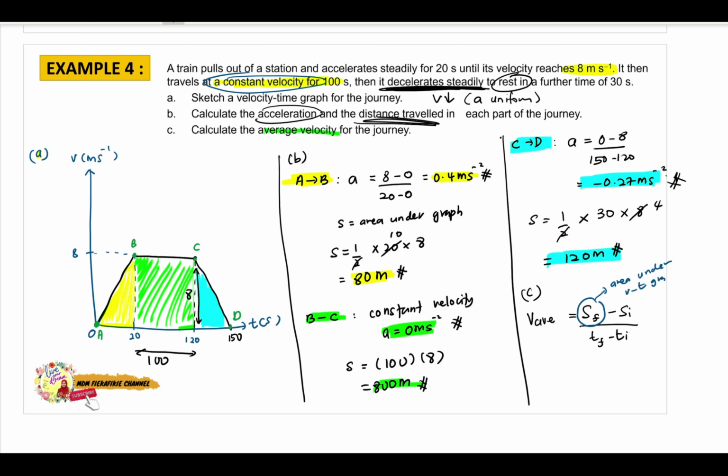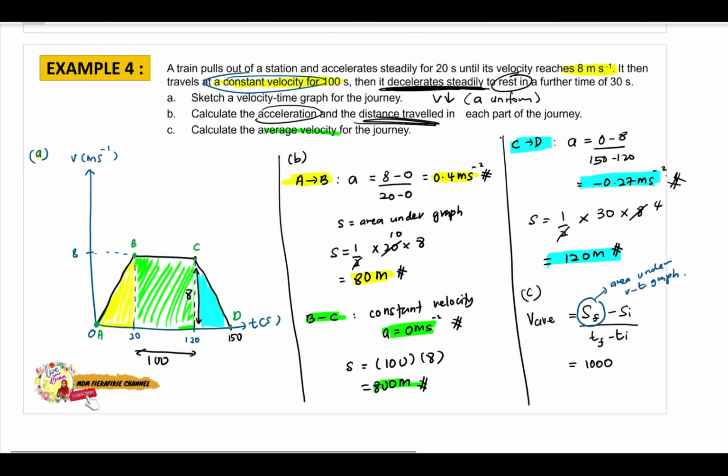VT graph. Okay, for the whole journey, you can see here that the area is in the positive region. So we just calculate this for all of it, for the whole journey from 0 to 150. Or you can also add everything up. What we calculated earlier, 80 plus 800 plus 120, so it is equal to 1000 meter.